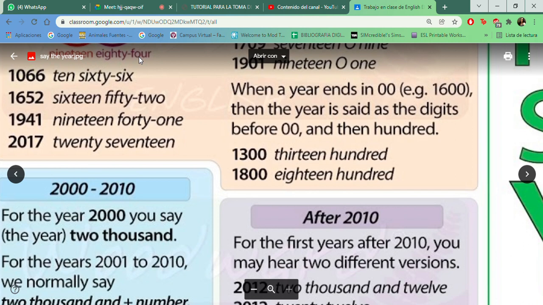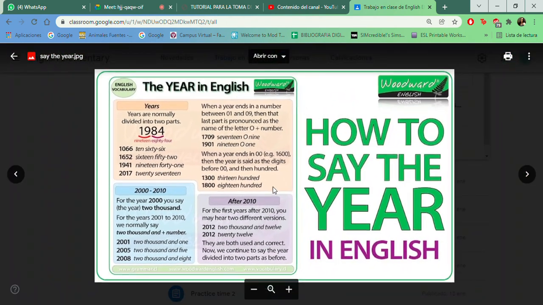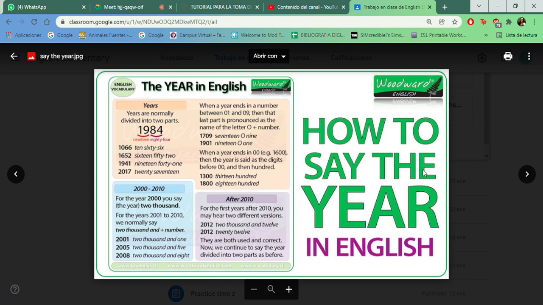Maybe after the year 2020, that would be more common to divide into two parts. Great. Any questions about the years? Are we okay? Great.